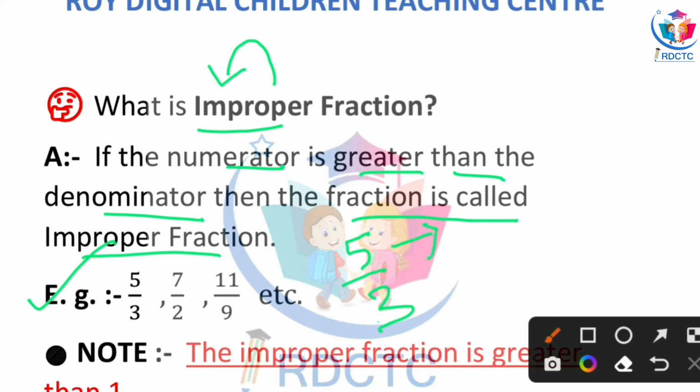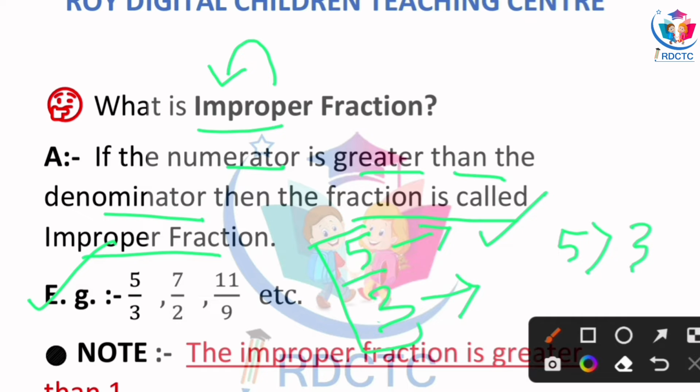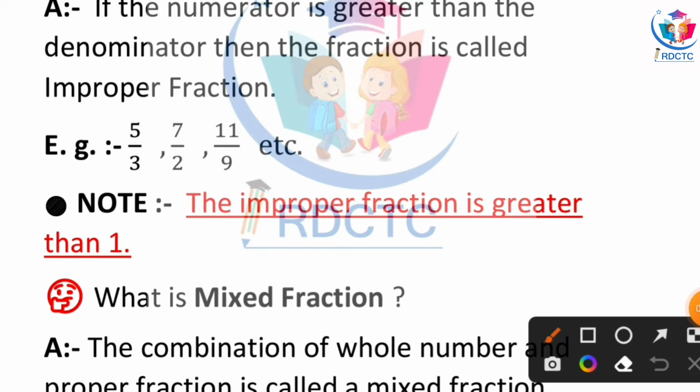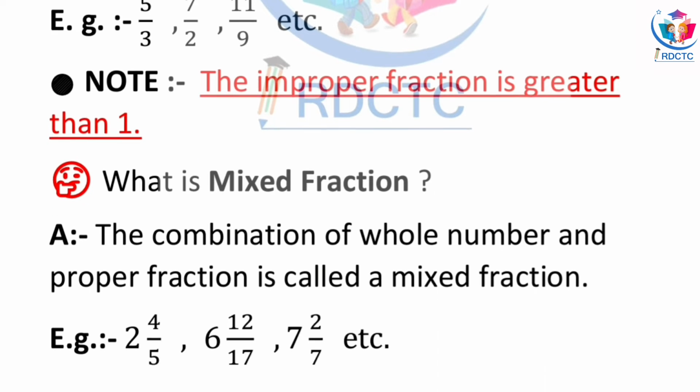Here 5 is numerator and 3 is denominator, and 5 is greater than 3. That is why the fraction is called an improper fraction, because the numerator is greater than the denominator. We have to note one thing about improper fraction, that the improper fraction is greater than 1.